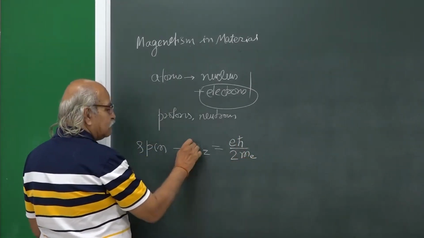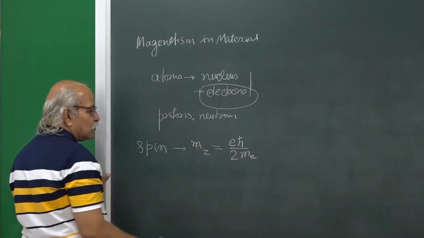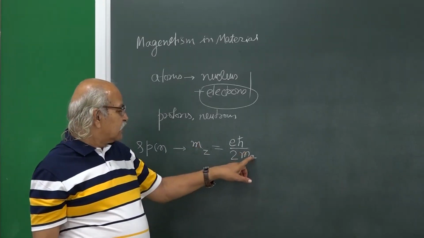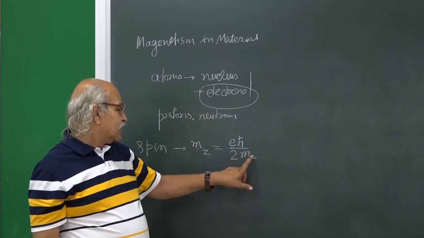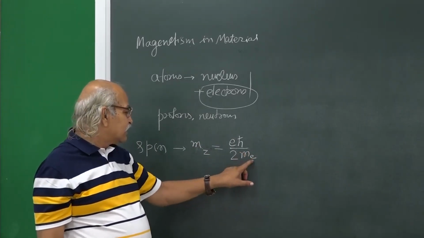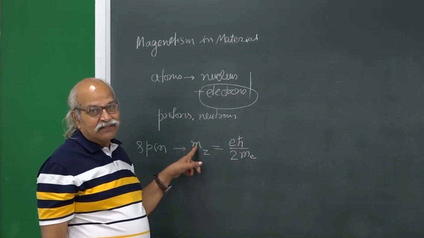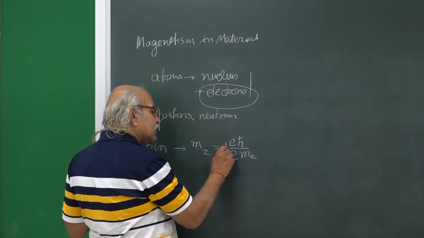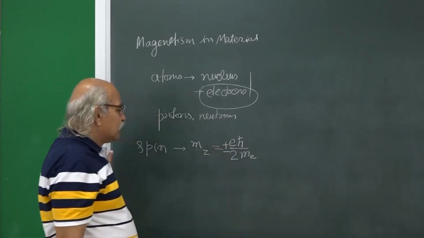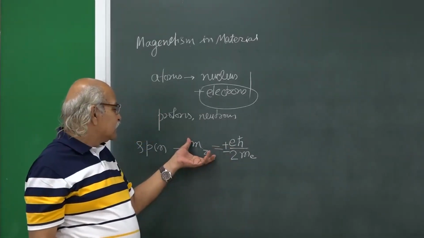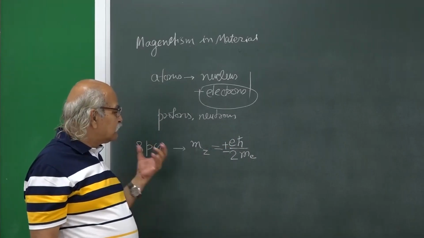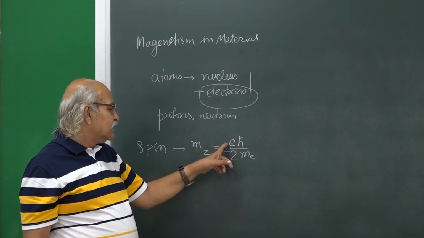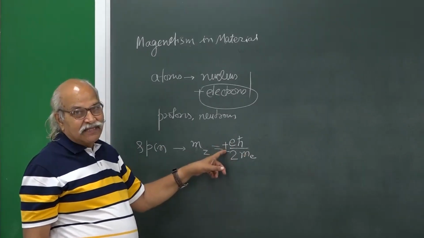We have used m for our magnetic moment. This small m is also used for the mass, but we can always put this e to tell that this is the mass and this is the magnetic moment. The z component of the magnetic dipole moment corresponding to the spin property of the electron is either this with a plus sign or with a minus sign.